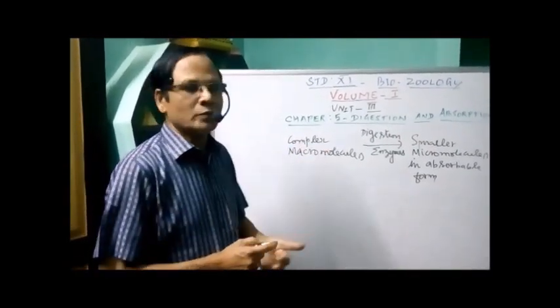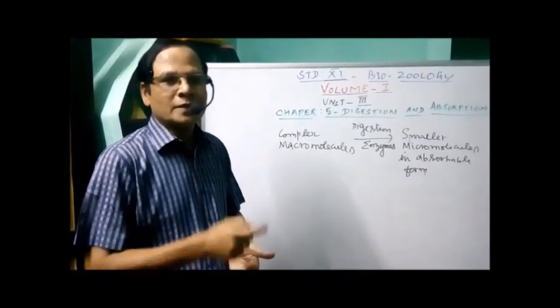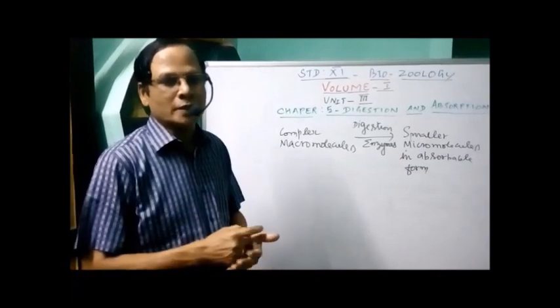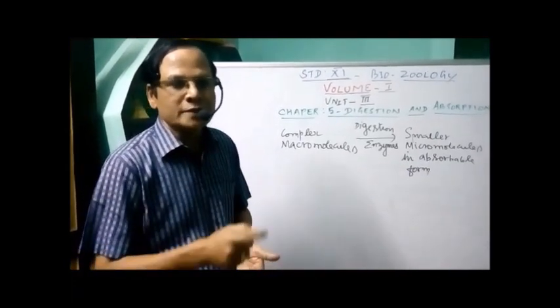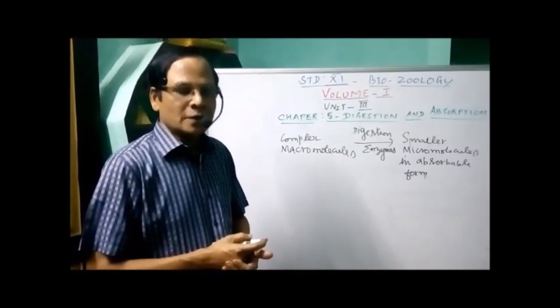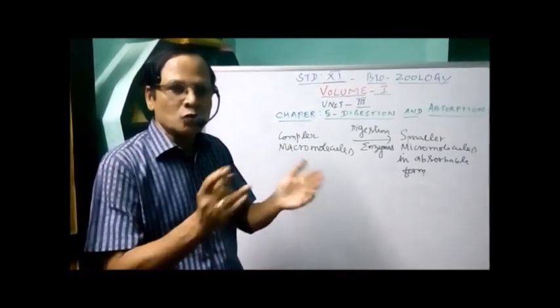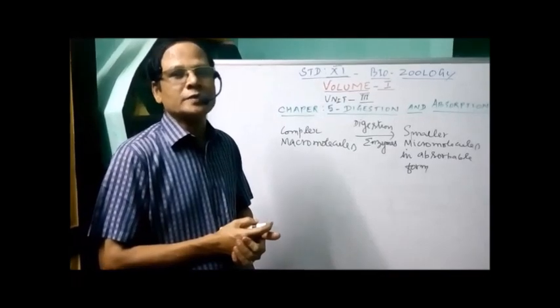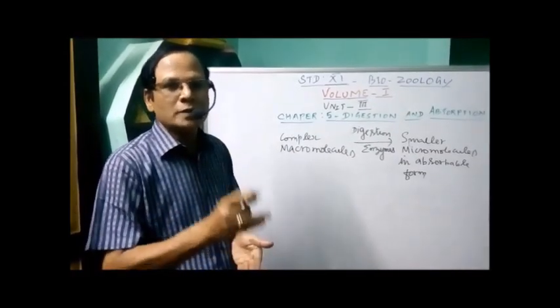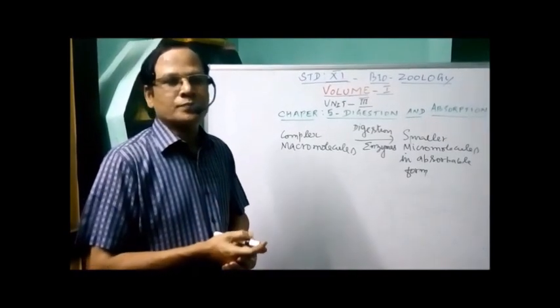But in the human body or mammals, the digestion occurs within the body, not within the cells, in the lumen of the intestine, in the cavity of the digestive tract. That means digestion occurs outside the cells by the activity of enzymes, but within the body, in the lumen or the cavity of the digestive system.